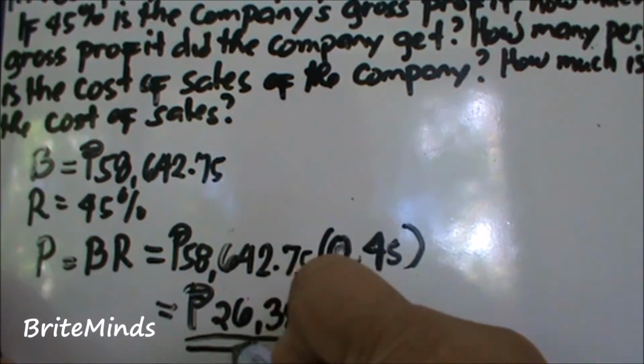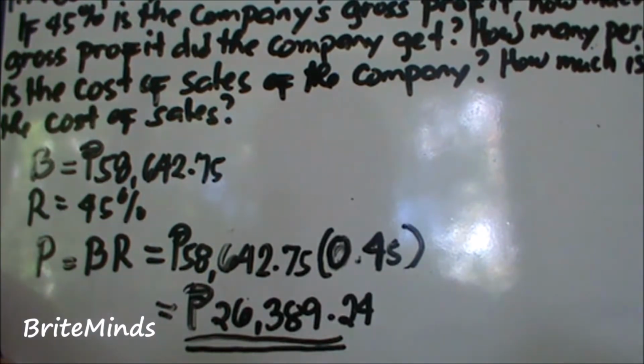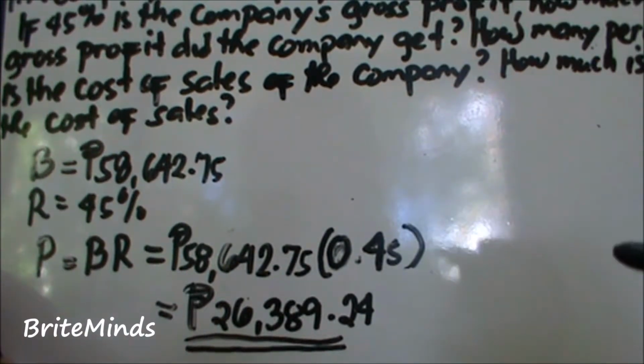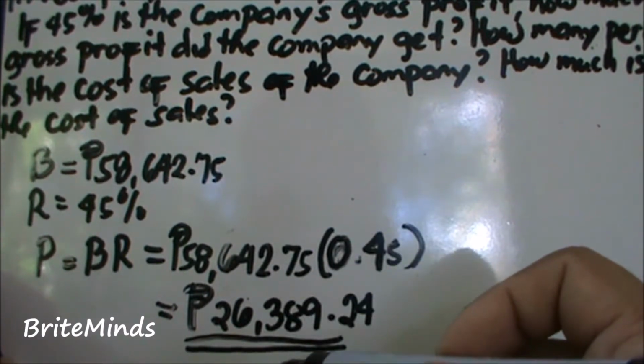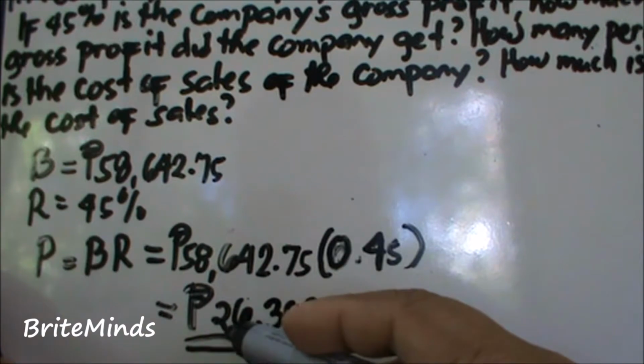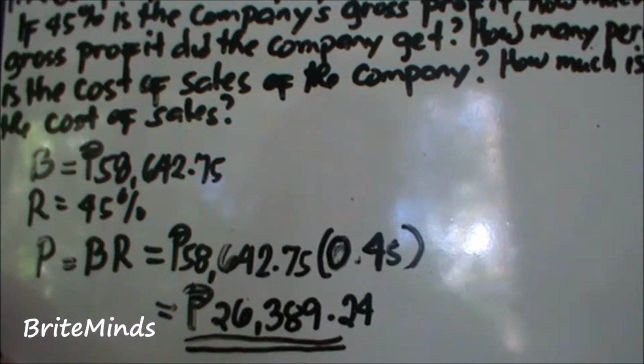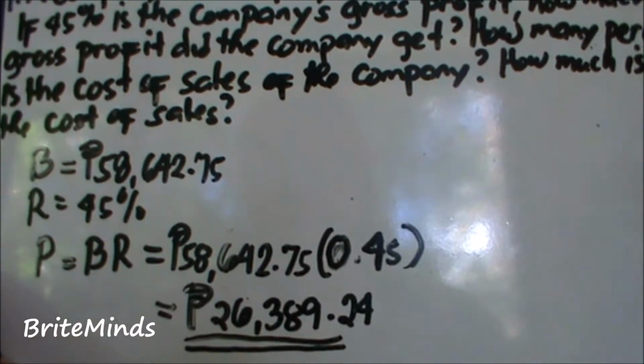Okay, so out of the company sales of 58,642 and 75 centavos, 45% of it is the gross profit. So the gross profit of the company is 26,389 pesos and 24 centavos.